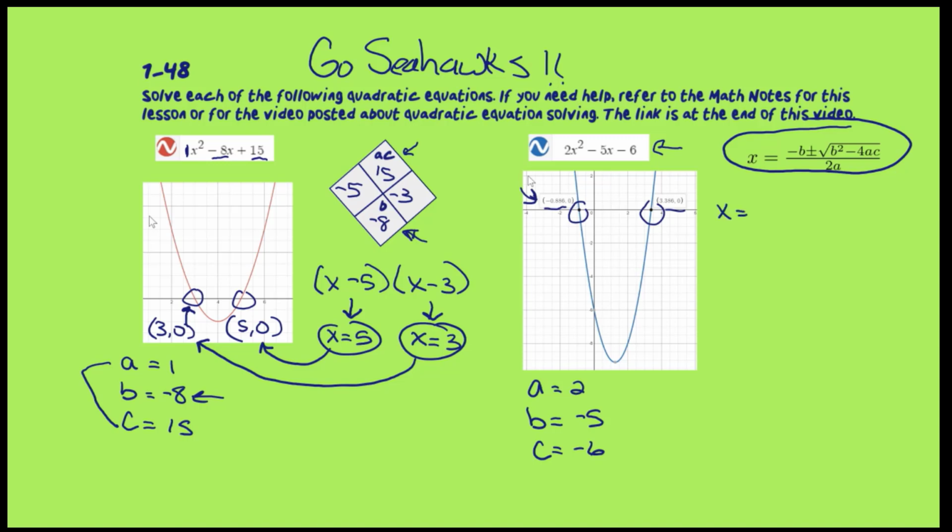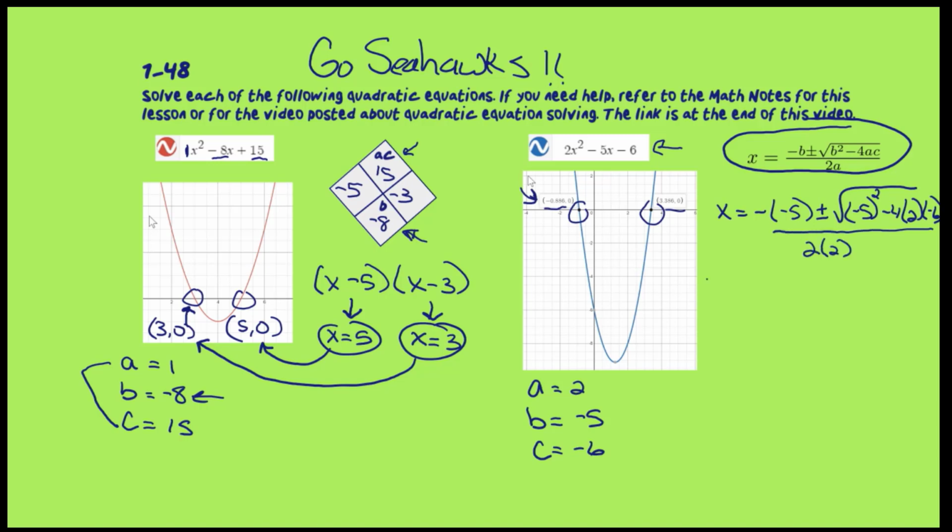So I'm just going to plug them all in. X equals negative 5, plus or minus the square root of negative 5 squared minus 4 times 2 times negative 6, all over 2 times 2.